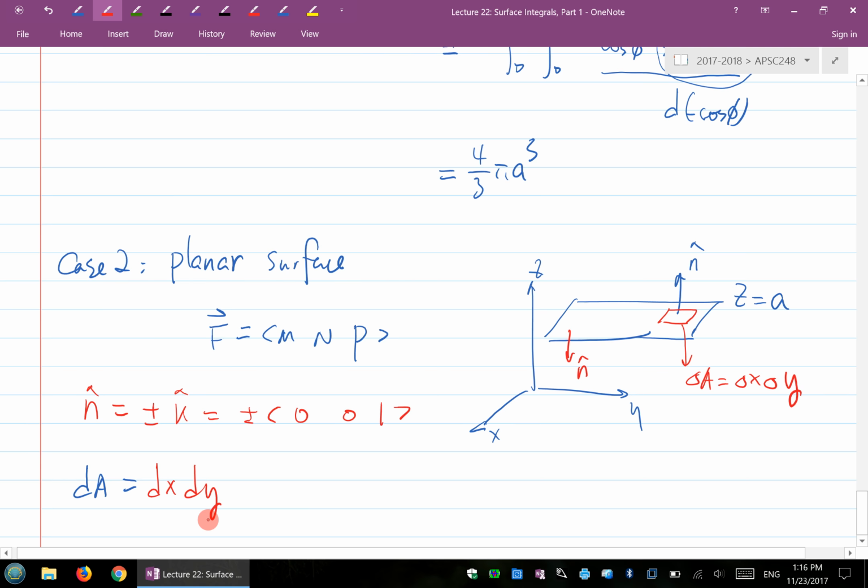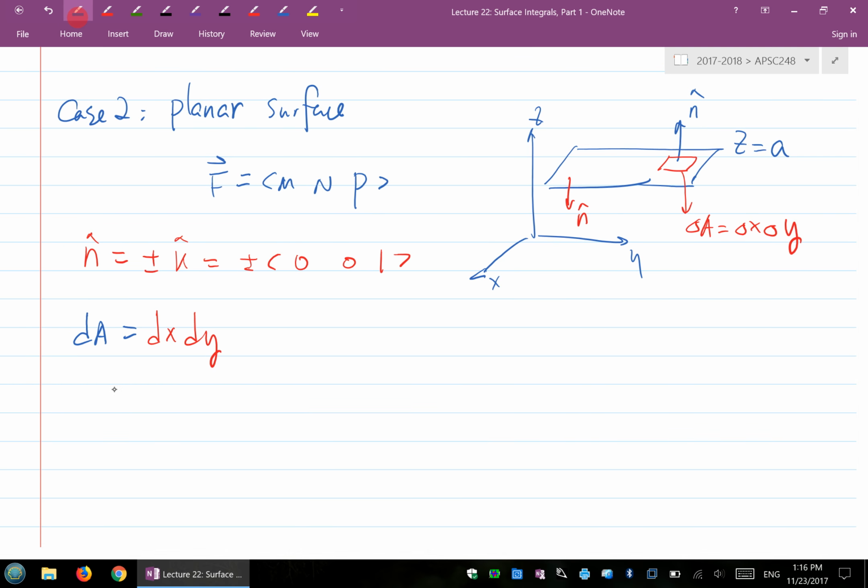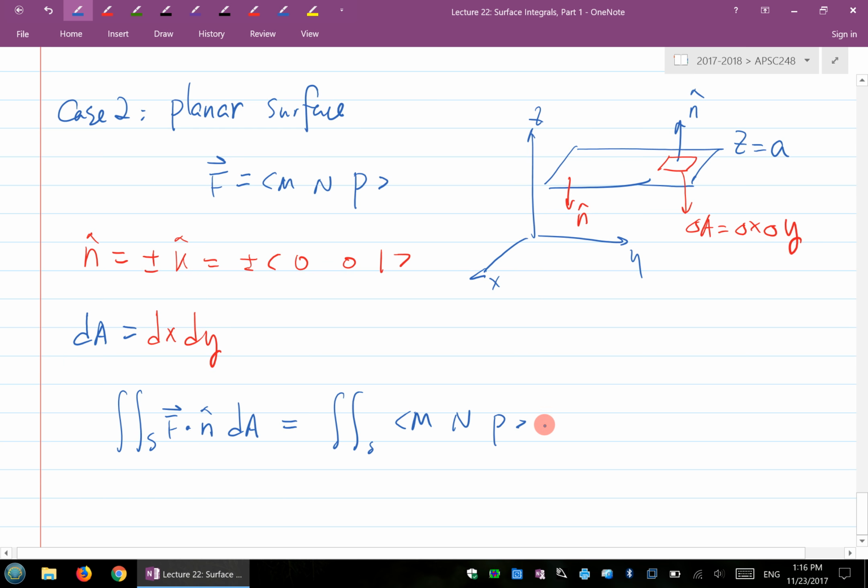So now you can put things together. Here is your vector field M, N, P, and n hat is positive or negative 0, 0, 1, and dA is dx dy.